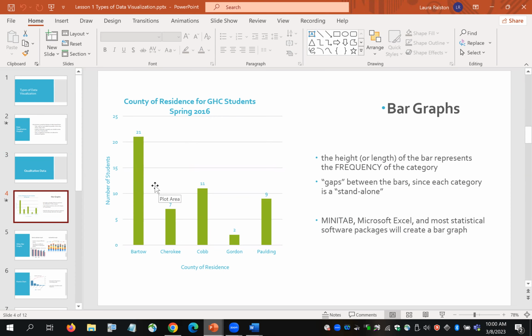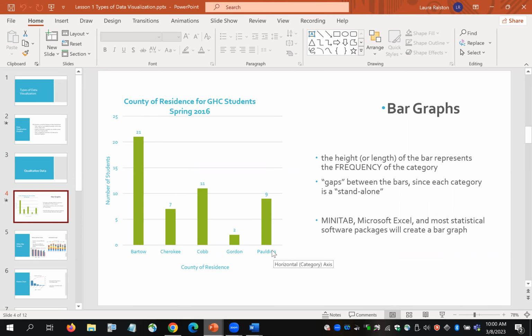The important things to remember when you're creating a bar graph, Minitab is going to do the work for you, but it's important that you remember that you need a very descriptive and detailed title, and you want to make sure that you have your vertical and your horizontal axes labeled. Now, Minitab does a lot of that work for you.